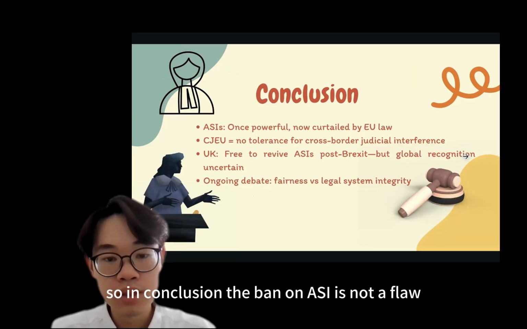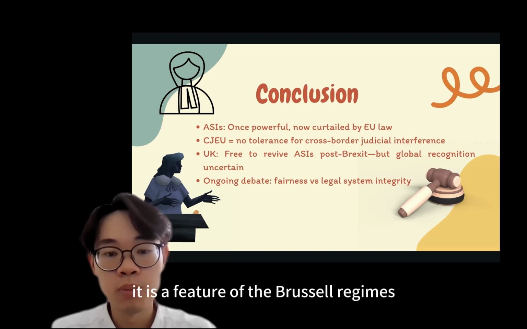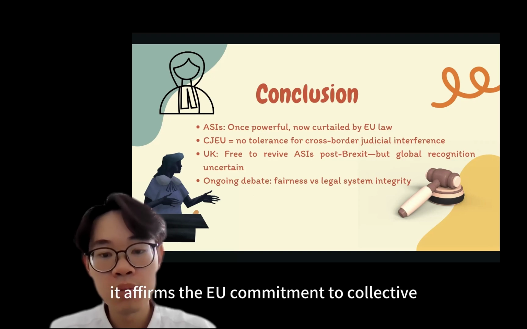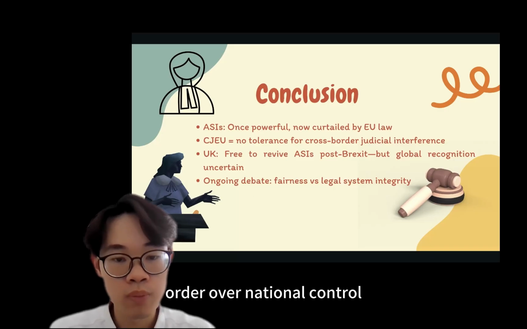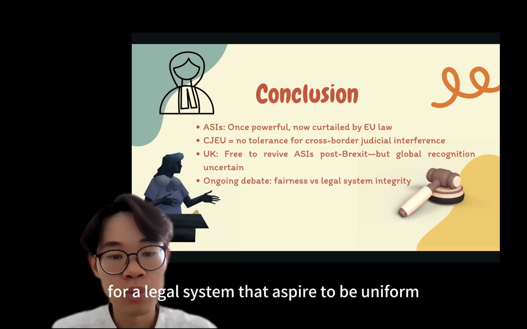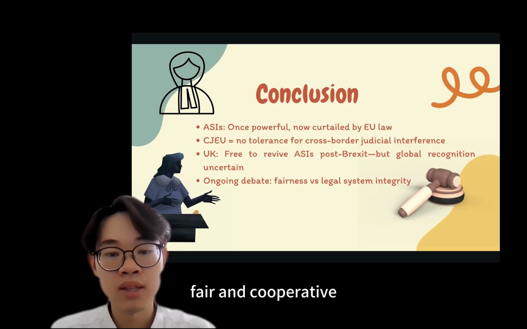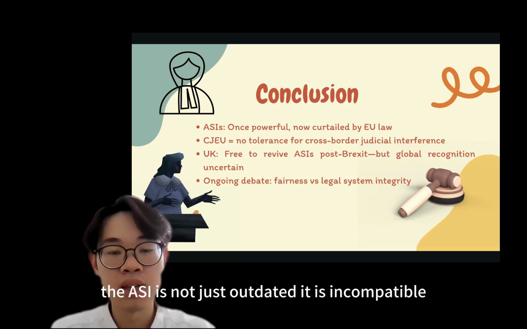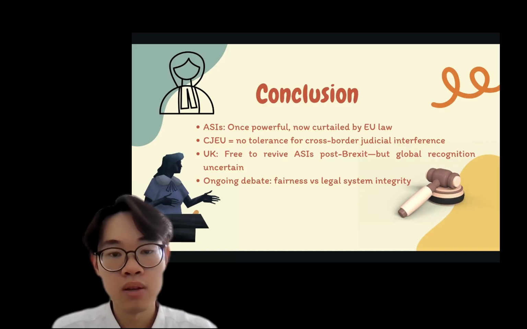So, in conclusion, the ban on ASIs is not a flaw. It is a feature of the Brussels regime. It affirms the EU's commitment to collective order over national control, to legal certainty over discretionary interference. For a legal system that aspires to be uniform, fair, and cooperative, the ASI is not just outdated, it is incompatible. Thank you.